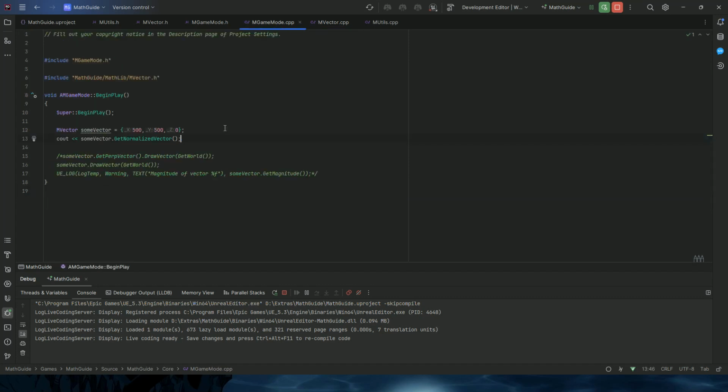So in the game mode, let me have two vectors pointing in the same direction. Let's imagine this is one vector. Clearly the x and y are equal, which means it will make 45 degree with x and y. And let me have one more vector, vector 2, and this will be 500 comma 0 comma 0. That means it's the x-axis, right?